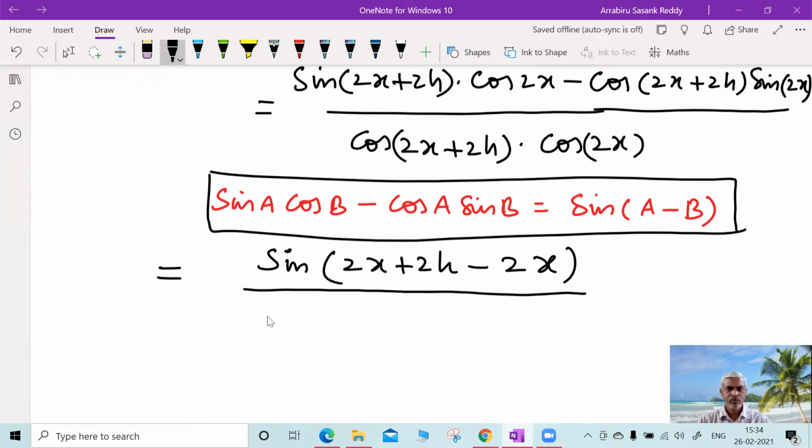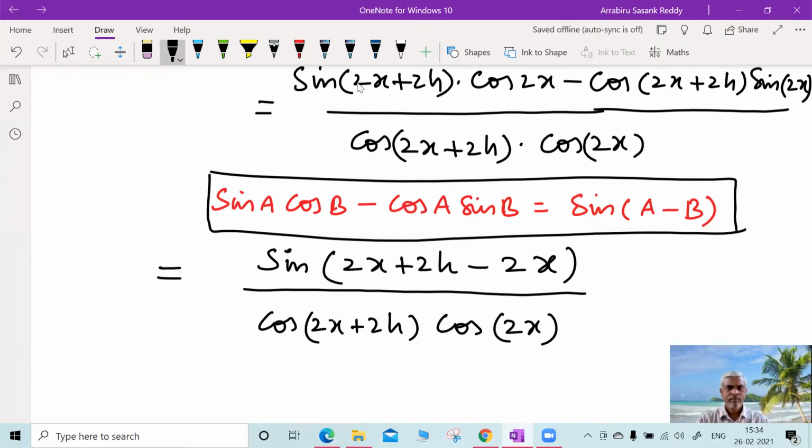Denominator same, no change. So in the numerator 2x minus 2x will get cancelled.